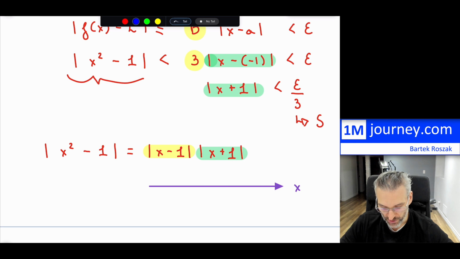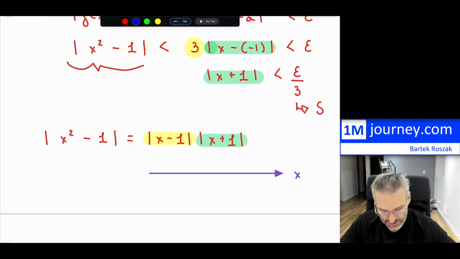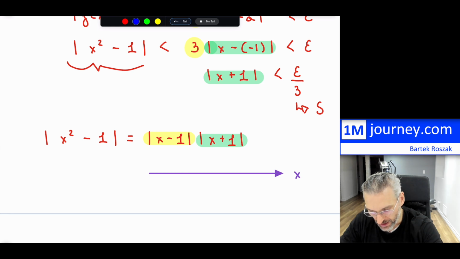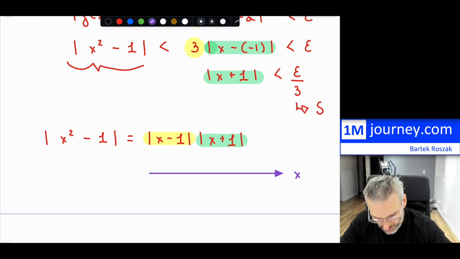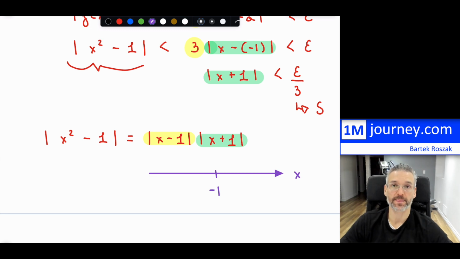Well, what they do is they say, we can't just have it for any x. So we're going to bound the x around our limit. So what they do is this. We are approaching -1, and now I'm not going to go as big as I want, and I'm not going to go as small as I want.